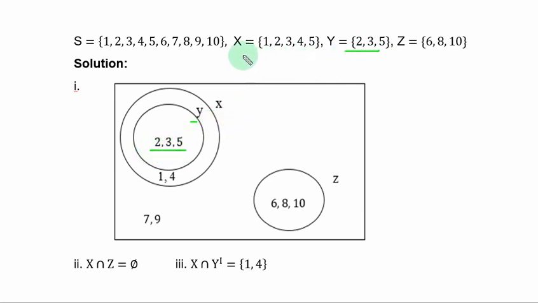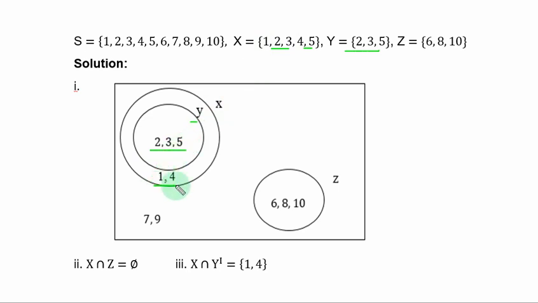If you look at set S and Y, the elements in set Y are also in set S. In other words, the intersection of sets S and Y, the elements are 2, 3, and 5. So you have the same elements already. To complete set S, you need to add 1 and 4, and that is what you have here.